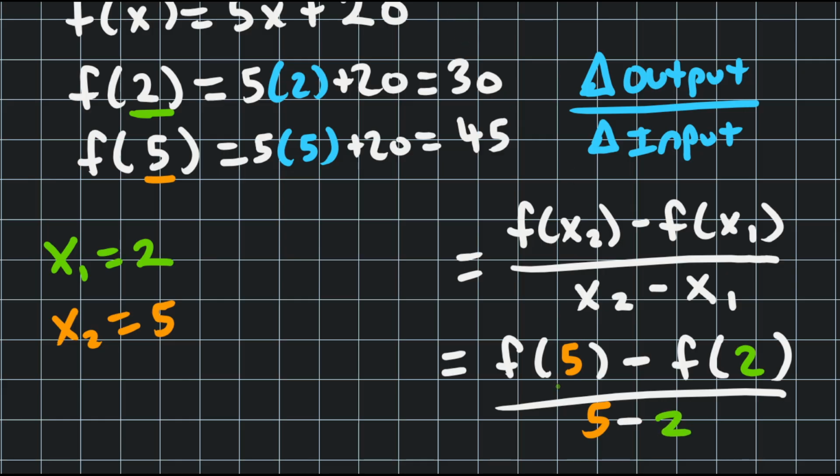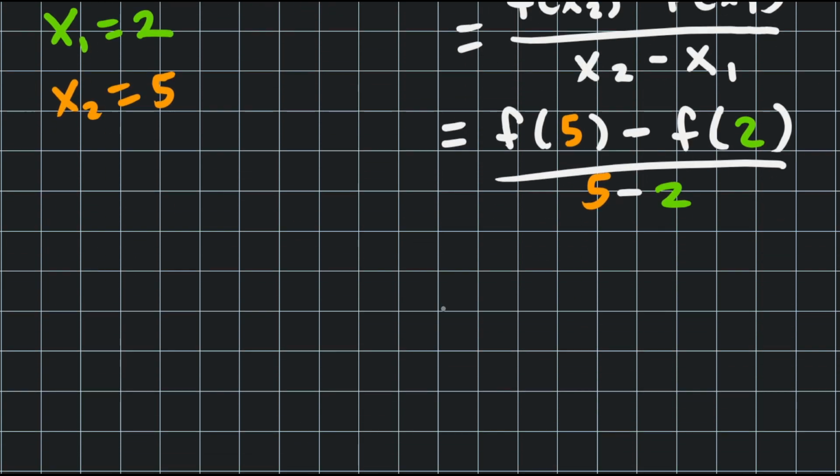There we go. Now what is f of 5 and f of 2? Well, we said f of 5 was 45, and we said f of 2 was 30. So the numerator comes out to 45 minus 30, divided by, and what's 5 minus 2 in the denominator?